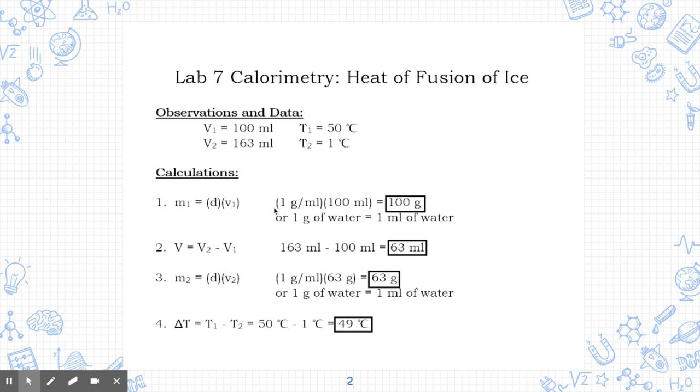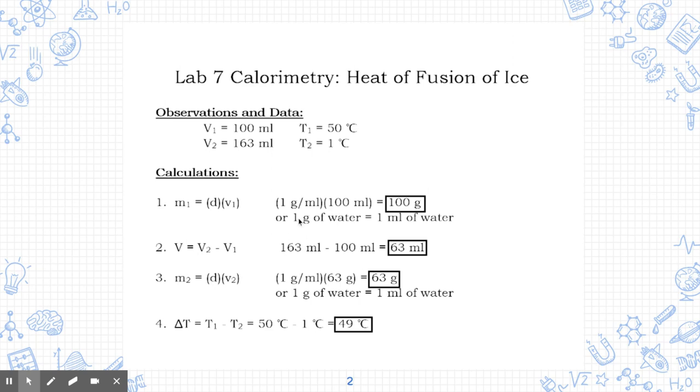The density of water is 1 gram per milliliter. So you could take the 1 times 100 because that's what volume 1 was, or you could simply remember that 1 gram of water equals 1 milliliter of water. So if you have 100 milliliters of water, you have 100 grams of water because the density is 1 gram per milliliter.